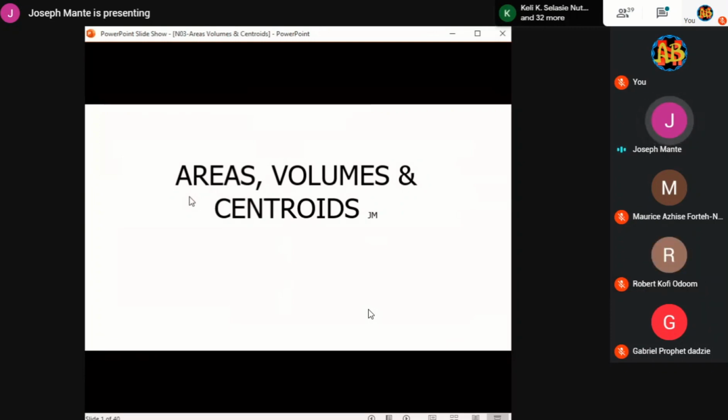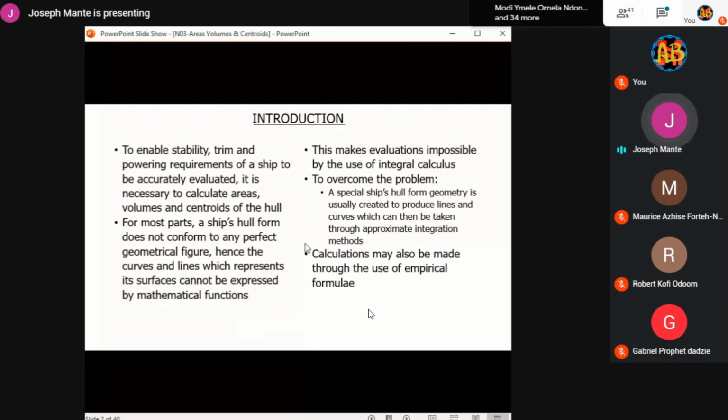What we are on now is areas, volumes, and centroids. Know all the definitions and all the coefficients of form before you come and know areas, volumes, and centroids. All right, so I will introduce the course.